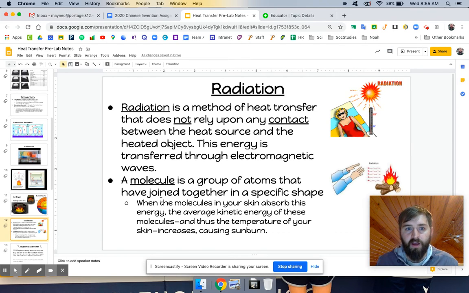Okay. And then when the molecules in your skin absorb the energy, the average kinetic energy, so the movement of those molecules, increases, and they allow for your skin to heat up and be moving faster too, and that's really what causes your skin to be burnt. Okay, so that's why we wear sunscreen and things, even though we don't necessarily know that we're going to be getting burnt. There's this heat radiation constantly working.